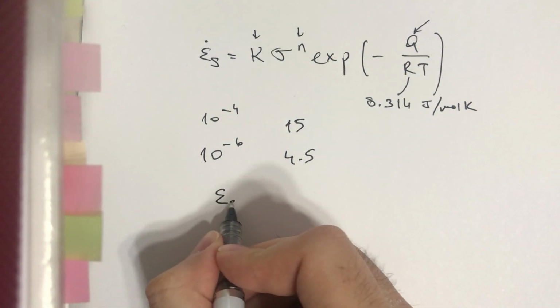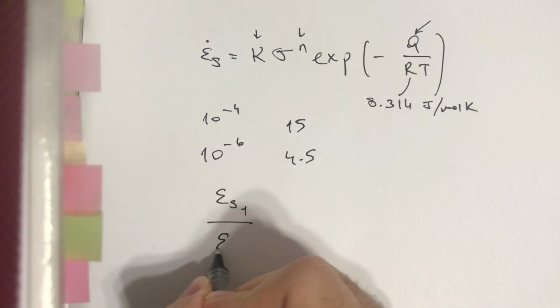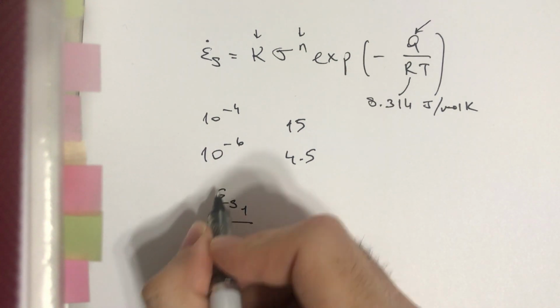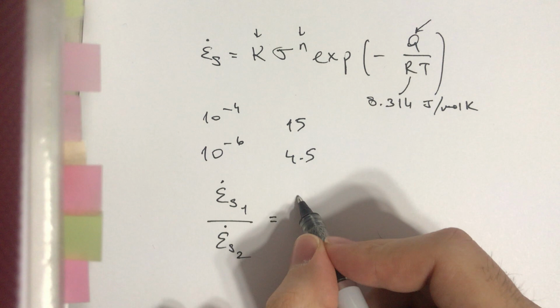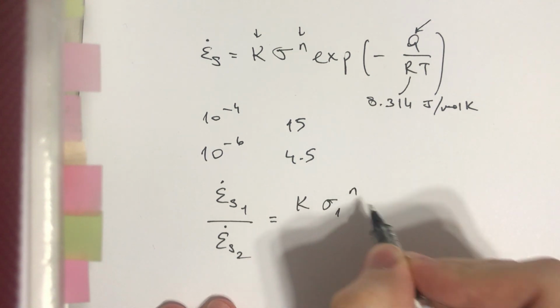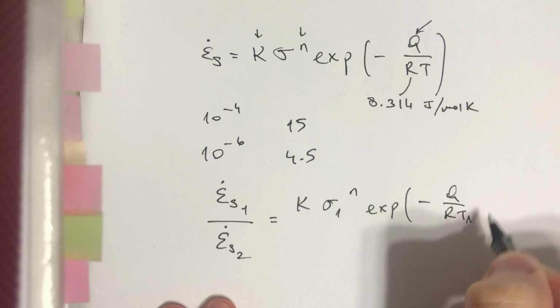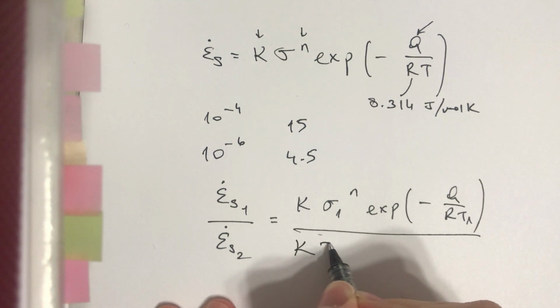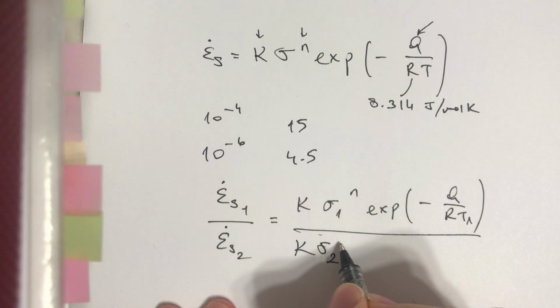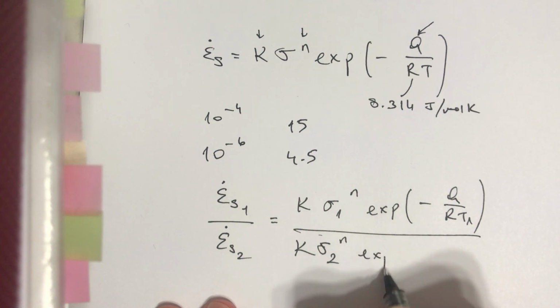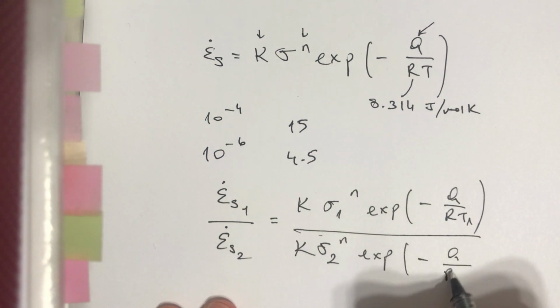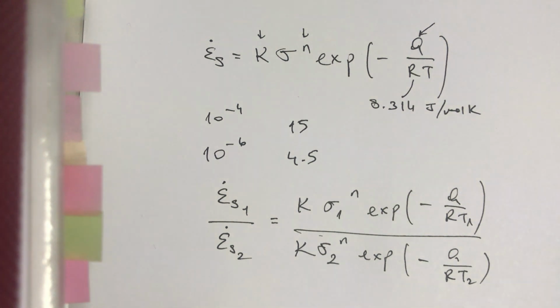So let's say for a ratio like this, we have K sigma 1 to the power n exponential minus Q over RT1, over K times sigma 2 to the power n exponential minus Q over RT2.